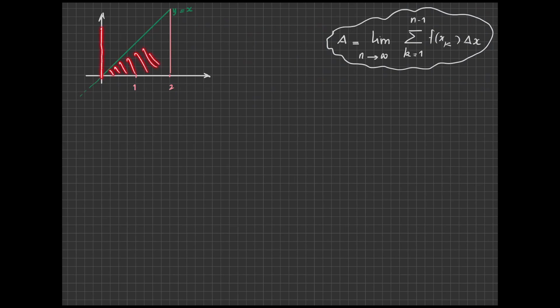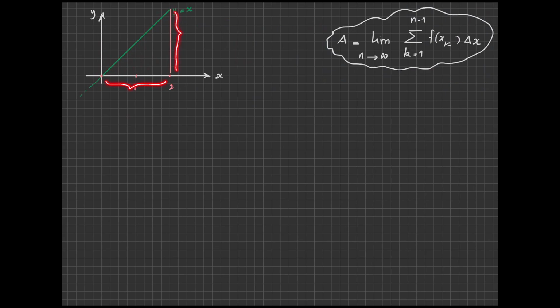This is the 0 line. This is x equals 2. This is the x-axis, and this is the graph of your function. Of course, you already know the answer. Yes, what the answer is, by the way? What is the area? Because this is a right angle triangle, this length is 2. By the way, how much is this length?